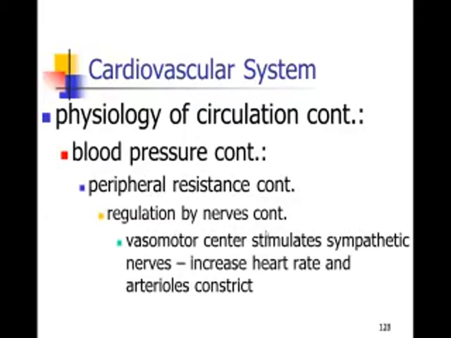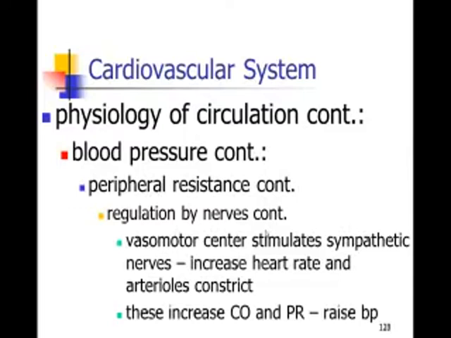So the arterioles constrict. The sympathetic nervous stimulation will increase heart rate. Heart rate, when it goes up, increases blood pressure, and when the arterioles constrict, it increases blood pressure because there's more resistance peripherally. So both cardiac output and peripheral resistance increase, and the blood pressure goes up.